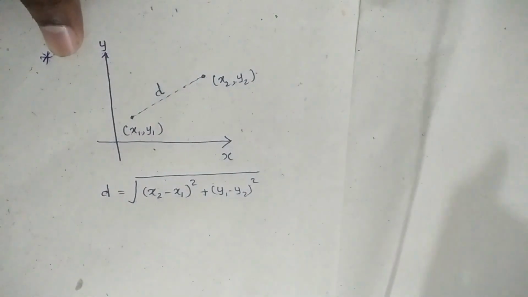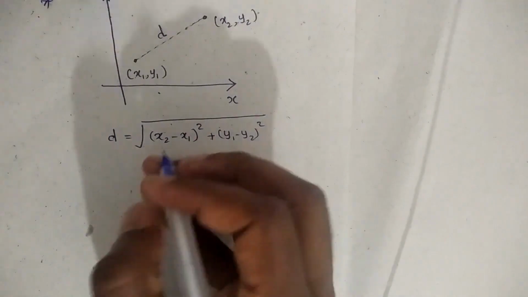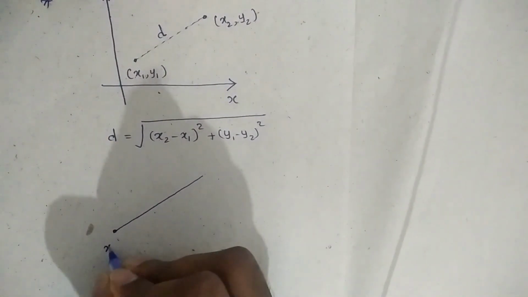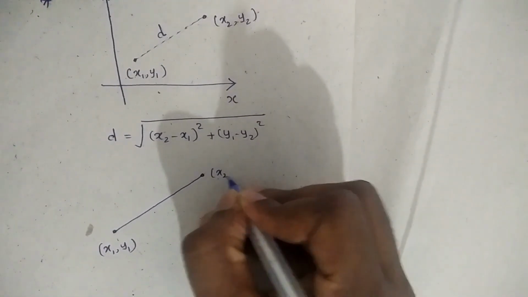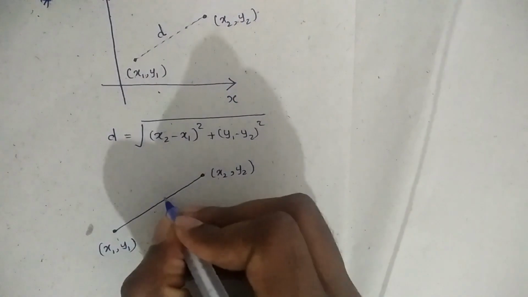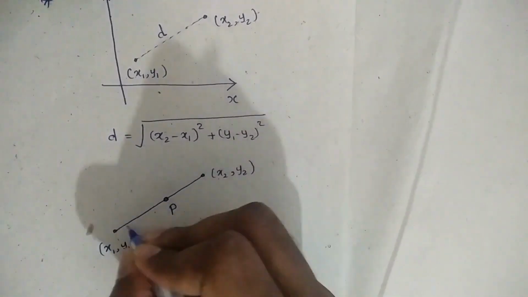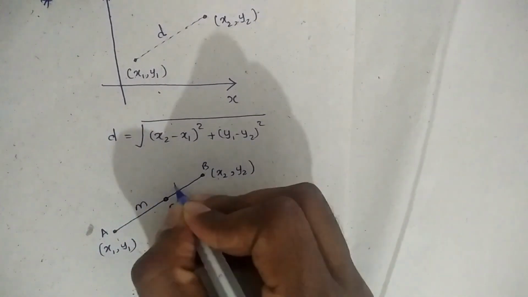So we have already learned this material, right? And furthermore, when you have a straight line, if this point here is x1 comma y1, and this point here is x2 comma y2, then this point here is P. This P cuts the line AB at a ratio of, let's say, m to n.